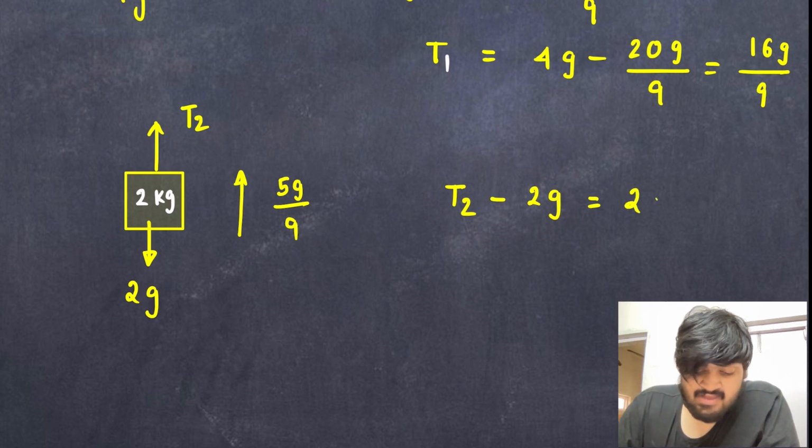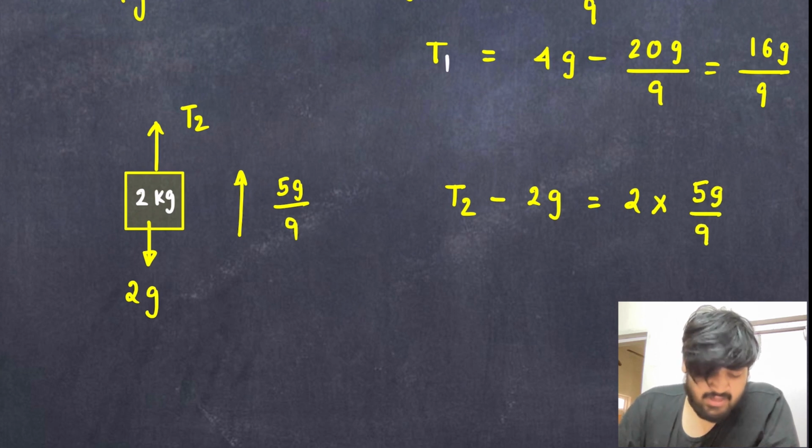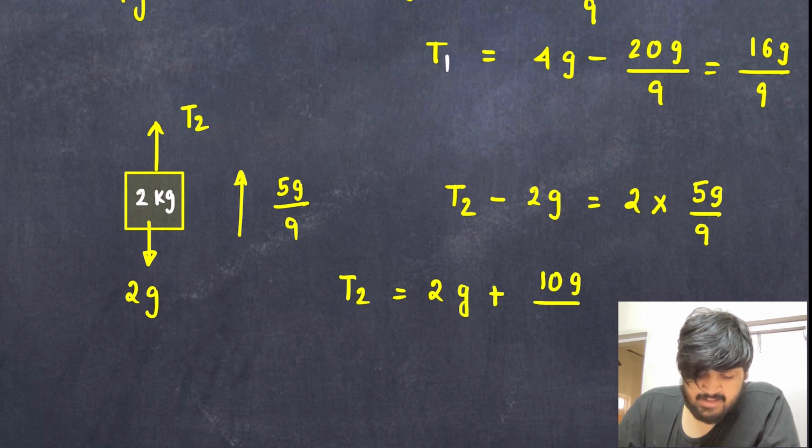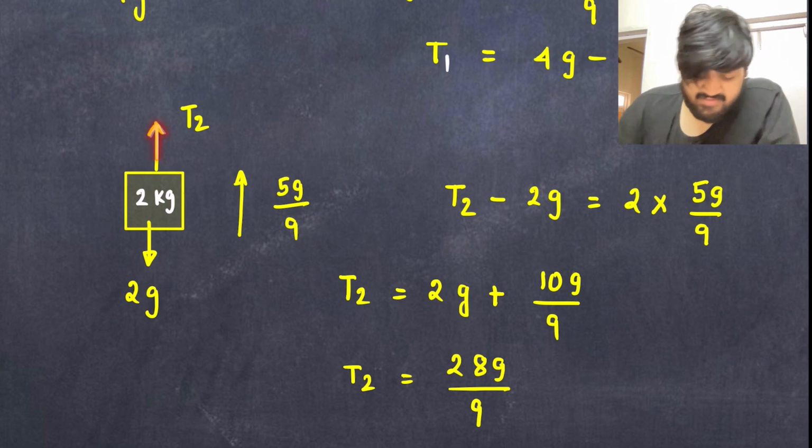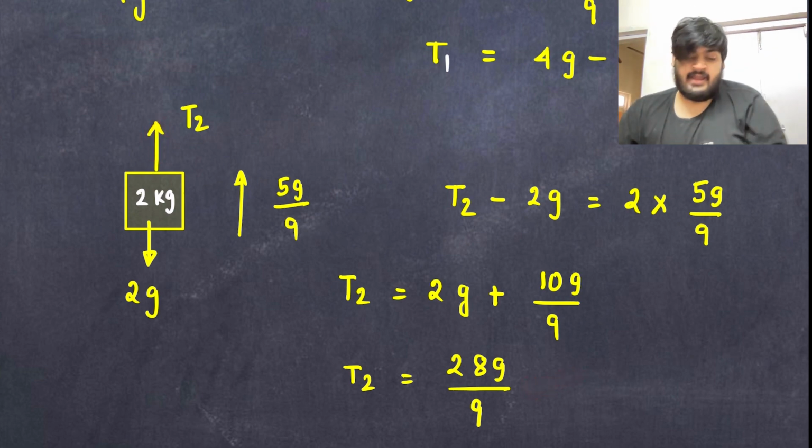Mass is 2 kg, and the acceleration is 5g by 9. So from here T2 comes out to be 2g plus 10g by 9, so T2 comes out to be 28g by 9. So the value of this tension T2 is nothing but 28g by 9.